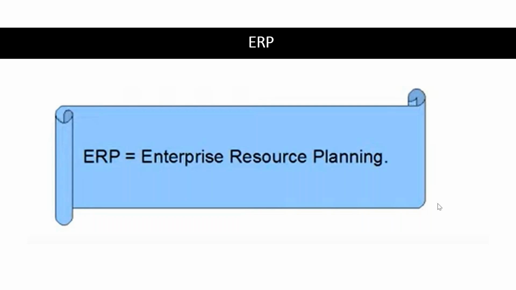Based on this ERP, there are different products in the market which are facilitating the purpose of the ERP. This concept of enterprise resource planning is facilitating the free flow of information among the multiple functional areas of an organization and outside the organization, right?